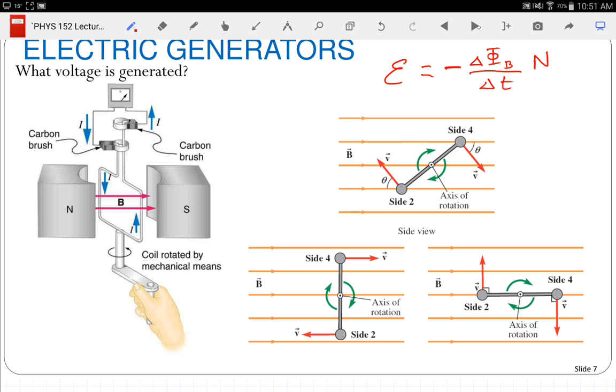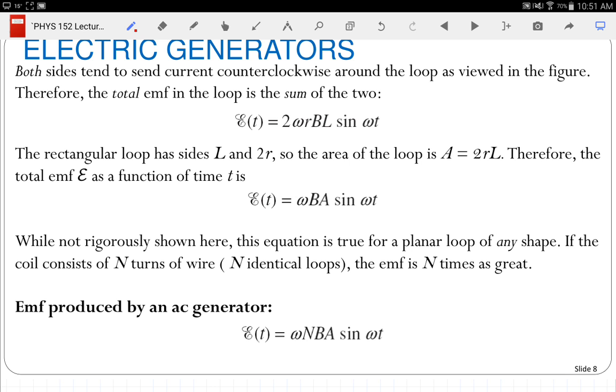And from that, you get the EMF is, well, I'll jump right down to here. The EMF is omega, the rate at which it's rotating in radians per second, times N, the number of loops, times B, magnetic field, times A, the area, times sine of omega t.